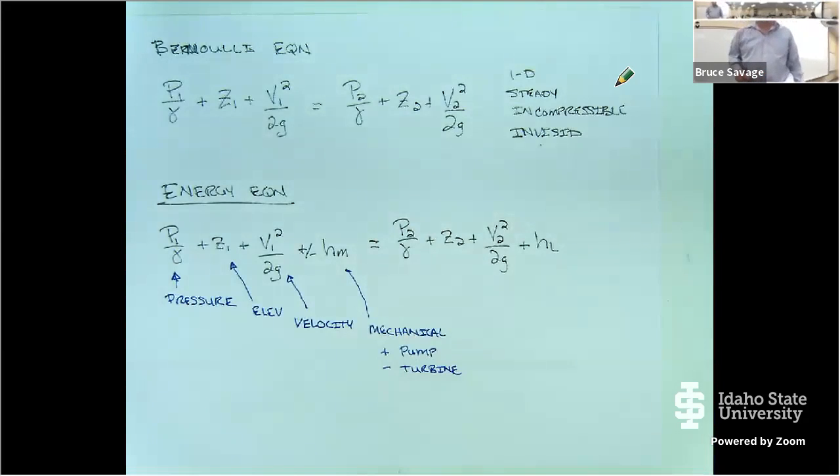It's mechanical energy, or shaft energy. So if we're adding energy to our system through a pump, we're turning a shaft or pushing a piston. So mechanical then adding energy to our system via pump or taking energy out of our system via turbine, okay? And we're going to keep it that simple, all right?